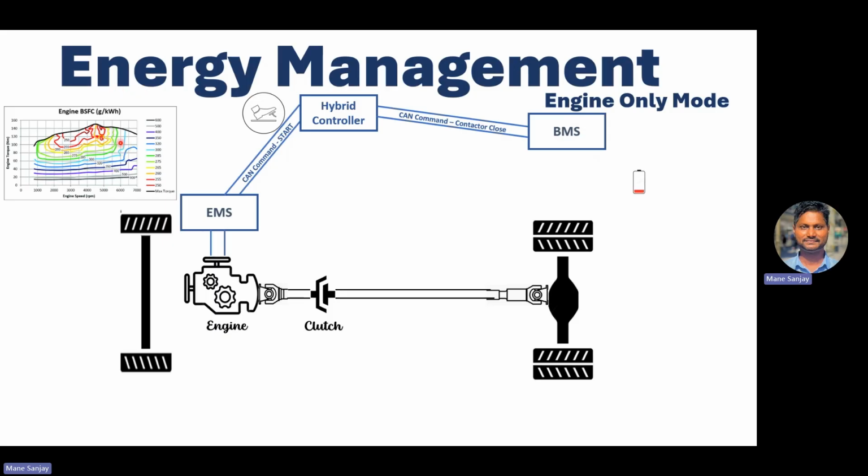So it looks inside this and communicates to the EMS. Now let's say you need X amount of power, and to deliver that X amount of power, your engine can deliver that power somewhere here, right? But your best contour is here, right? So you need to shift your engine to operate here to have the best fuel efficiency. That means you can load your engine there, right?